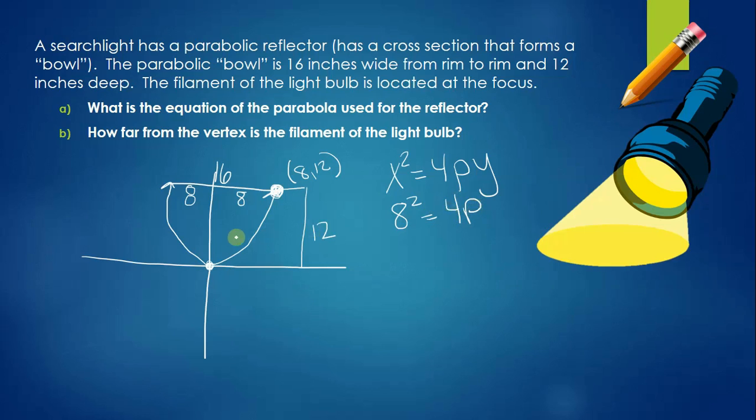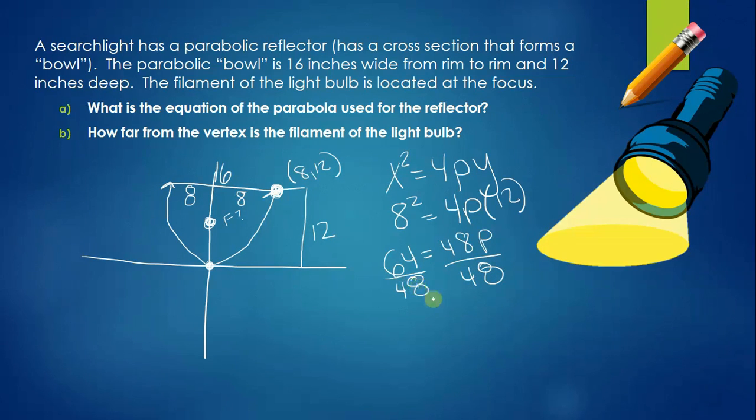I don't know p, because we don't know where the focus is located. That's part of what we need to find. But I do know y is 12. So 64 equals 4 times 12, that's 48p. If we divide by 48 on both sides, I get 1.33 equals p.